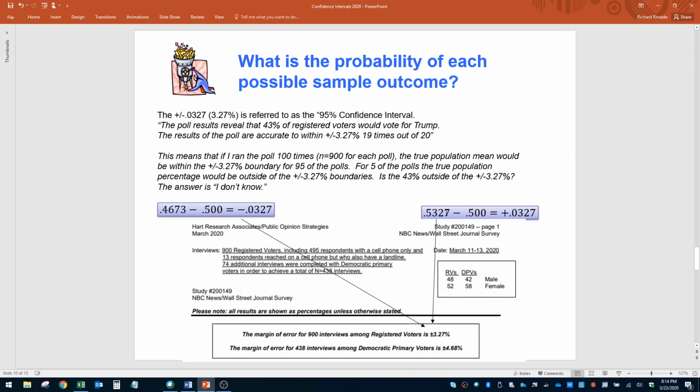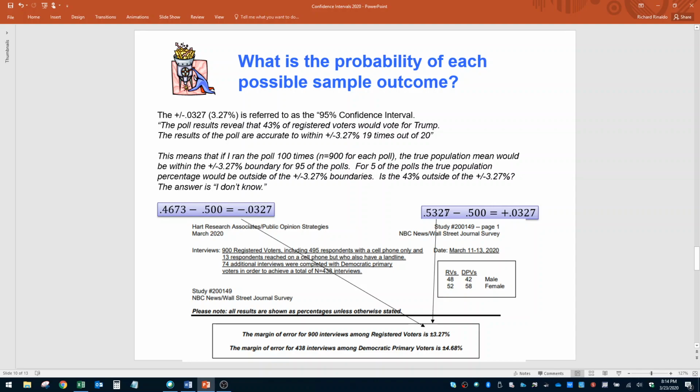This means that if I ran the poll 100 times, with a sample size of 900 registered voters for each poll, the true population value would be within the plus or minus 3.27% boundary for approximately 95% of those 100 polls. For 5 of the polls, the true population percentage would be outside of the plus or minus 3.27% boundaries.